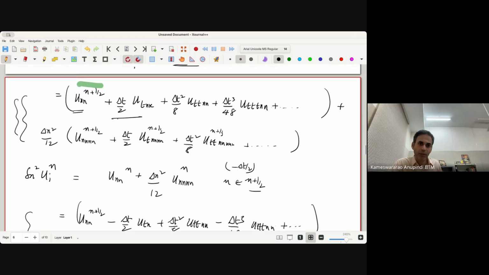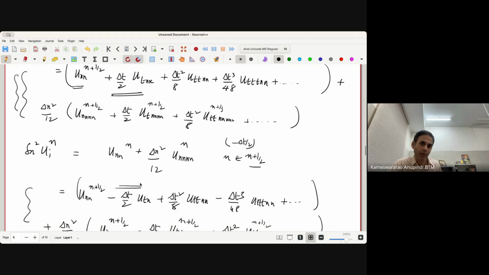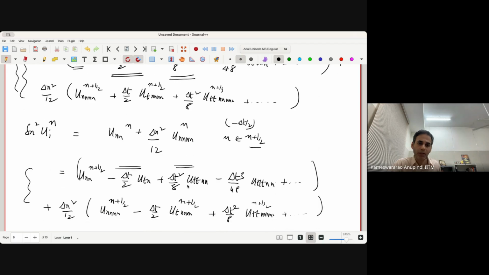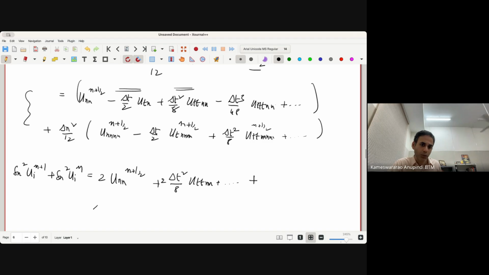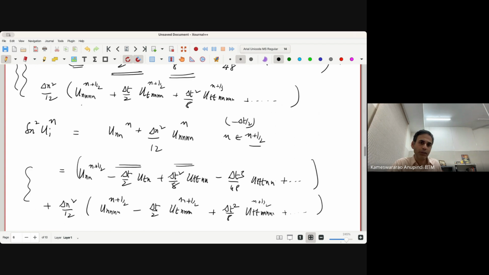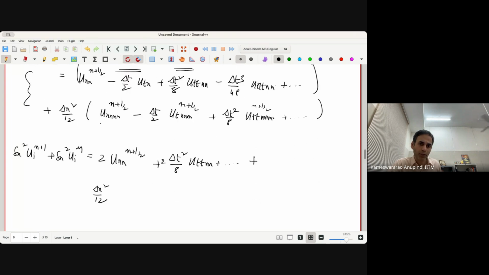Then in the time derivative, the plus delta t by 2 and minus delta t by 2 will get cancelled. And then you end up with delta t squared by 8 and delta t squared by 8. That will become plus 2 times delta t squared by 8 u_ttxx and so on. And then plus you will get delta x squared by 12, that is for the second terms. You're going to get these u_4x values which will get added.